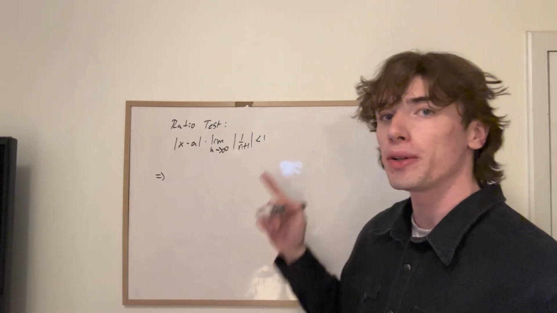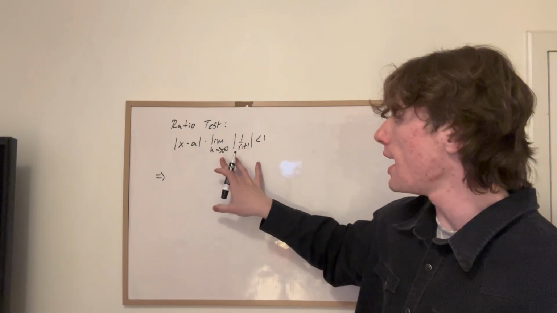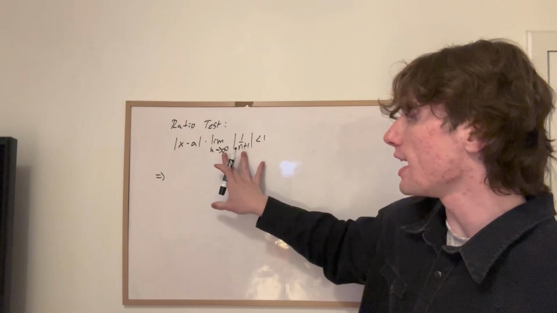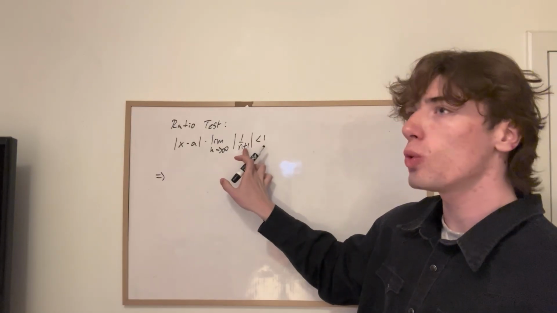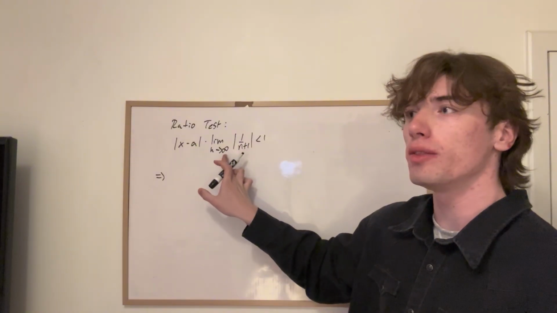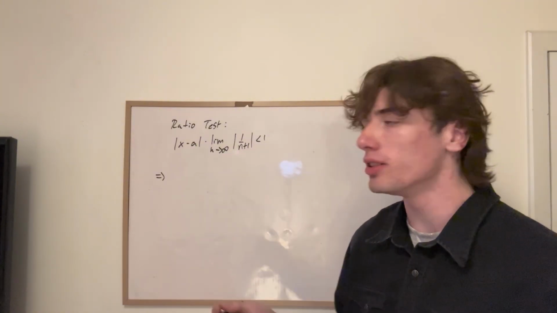Just to recap, when we were doing the ratio test, we got to this inequality, and now we have to take the limit as n goes to infinity, and this all has to be less than 1. So we have n plus 1 on the denominator, and it's going to infinity, so the denominator gets really big. That means the limit is going to go to 0.